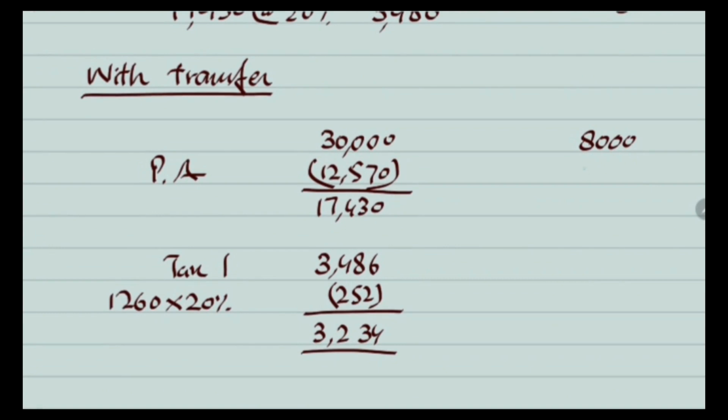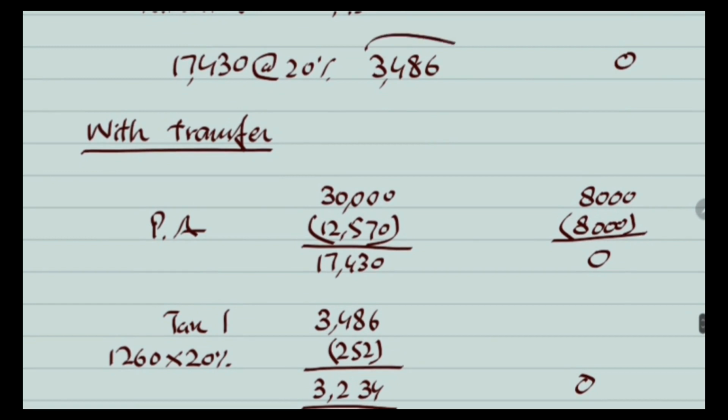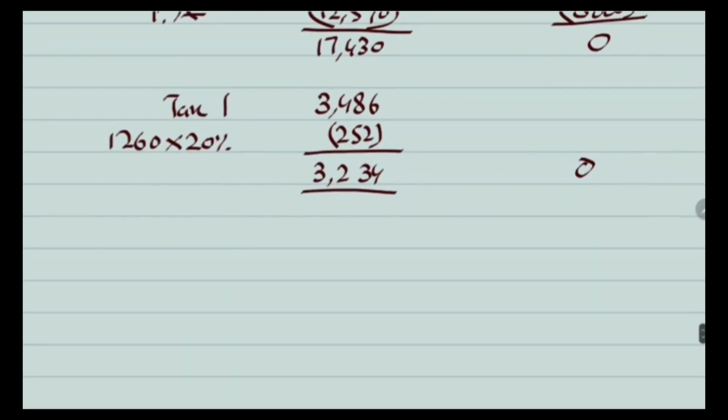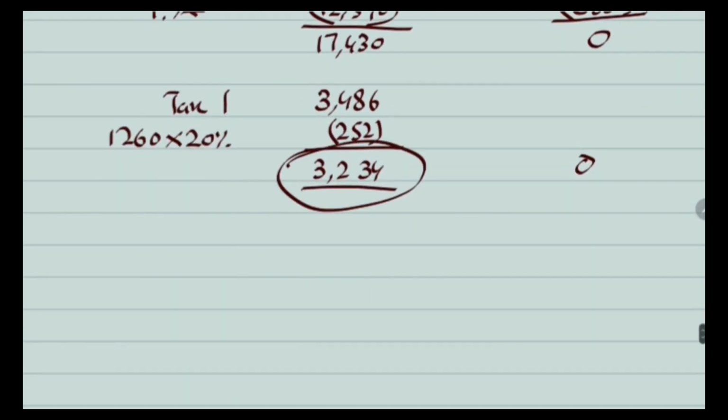In either case, her personal allowance is greater than her total income, so her taxable income will reduce to 0 and she has nothing to pay in tax. So the tax liability reduces from 3,486 to 3,234 in case of transfer of marriage allowance. Now, we need to consider the relief against total income.